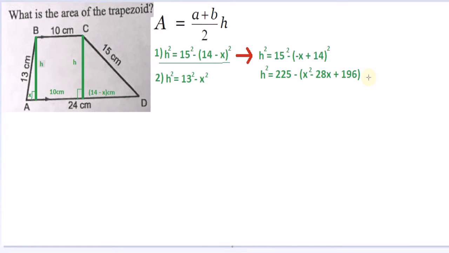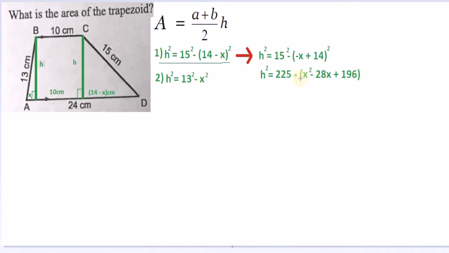And in the process of simplifying it, I'll just go ahead and square 15 and get my 225. Then I've got my x squared minus 28x plus 196. Notice again what happened. Because I had a negative x, the middle term ended up being negative. And when I squared the x's, I got x squared, so it became a positive number.